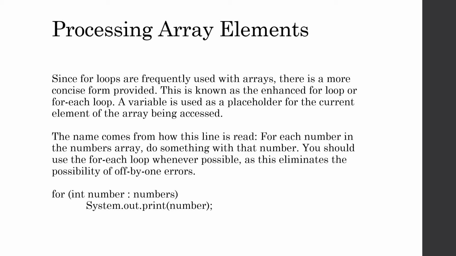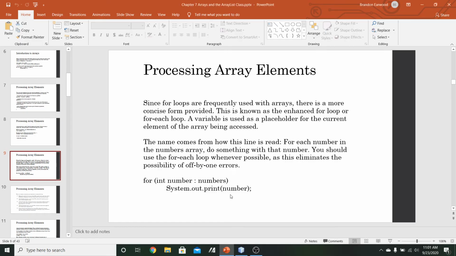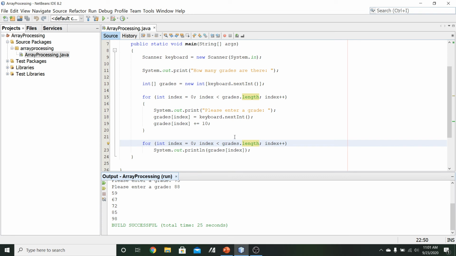Basically what we're saying is for each number in the numbers array, in our case that'll be for each grade in the grades array, we're going to do something with that number or with that grade. Ideally you should use the for each loop whenever possible, as this eliminates the possibility of off by 1 errors.